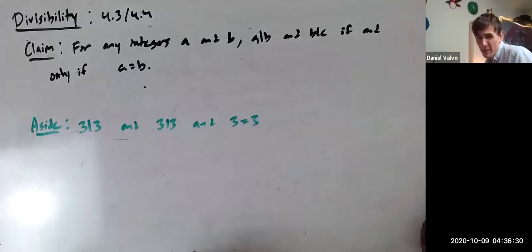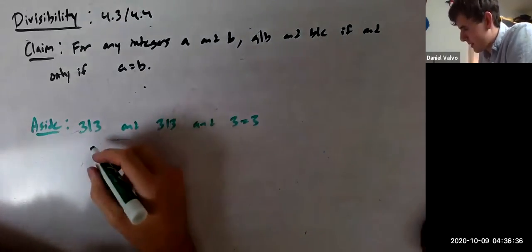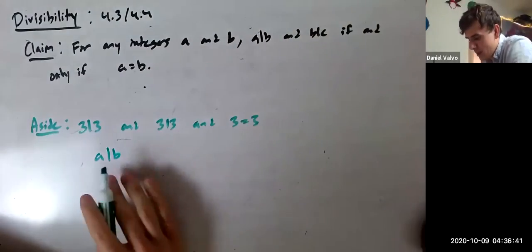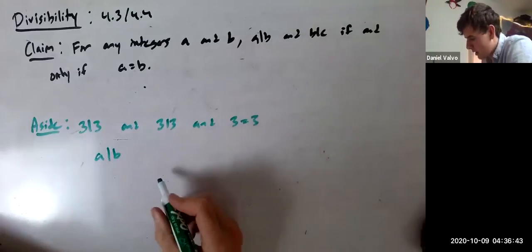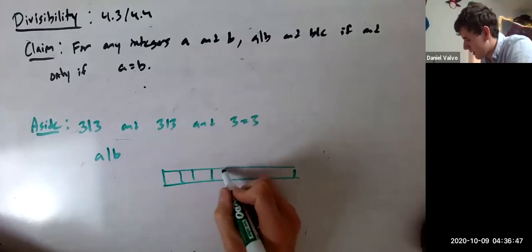For A divides B and B divides A, well, think about A dividing B. The relationship for A and B, we kind of draw it out like we've been talking about.